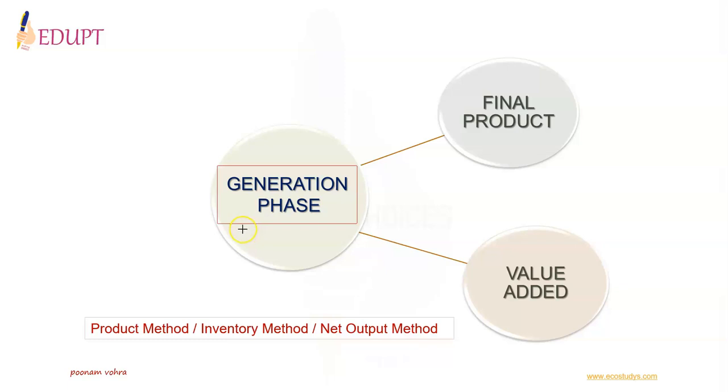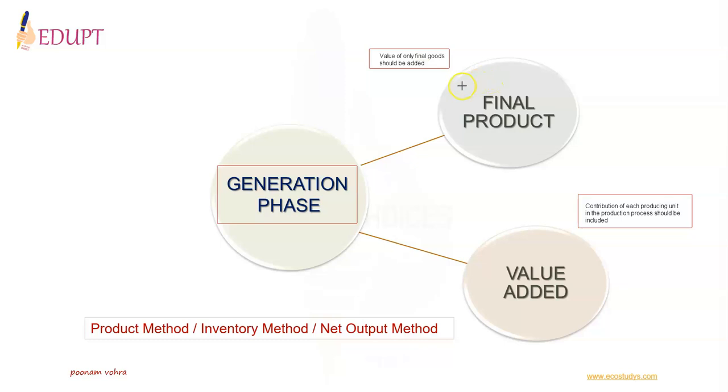Estimation of national income at this phase would mean that either the value of only final goods should be added to determine national income, or the contribution of each producing unit in the production process should be included, as each enterprise adds value to the intermediate product.